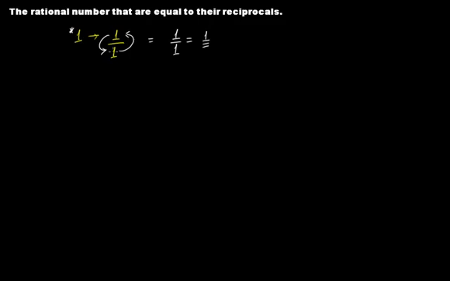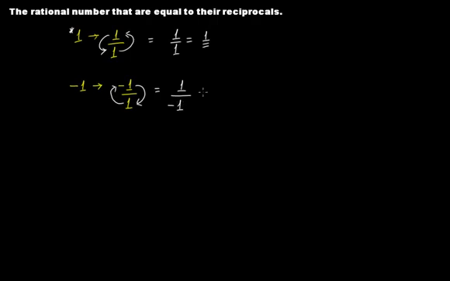Now there can be another number. Pause and think what that number can be. That number will be -1. Why? Because -1 can be written as -1 divided by 1. You divide any number by 1, you are going to get back that number only. Now, if you have to write its reciprocal, you interchange the position of the numerator and the denominator. So this number becomes 1 over -1.